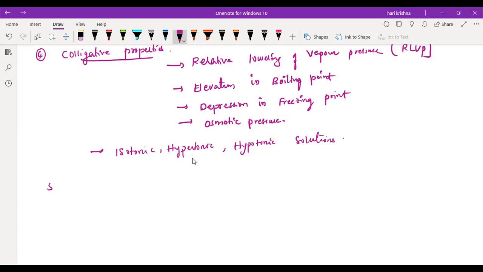And the last topic of this chapter is abnormal molar masses, or the abnormal molecular masses, either molecular association or dissociation.